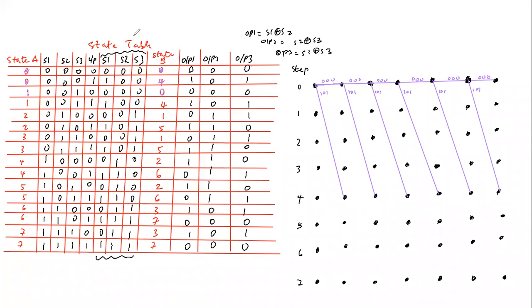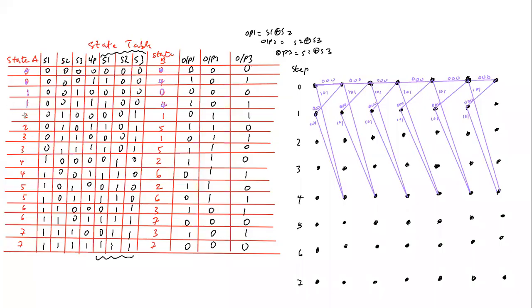Now we can move from 1 to 0, and then we can also move from 1 to 4. And we know their outputs, so we just populate that once again.